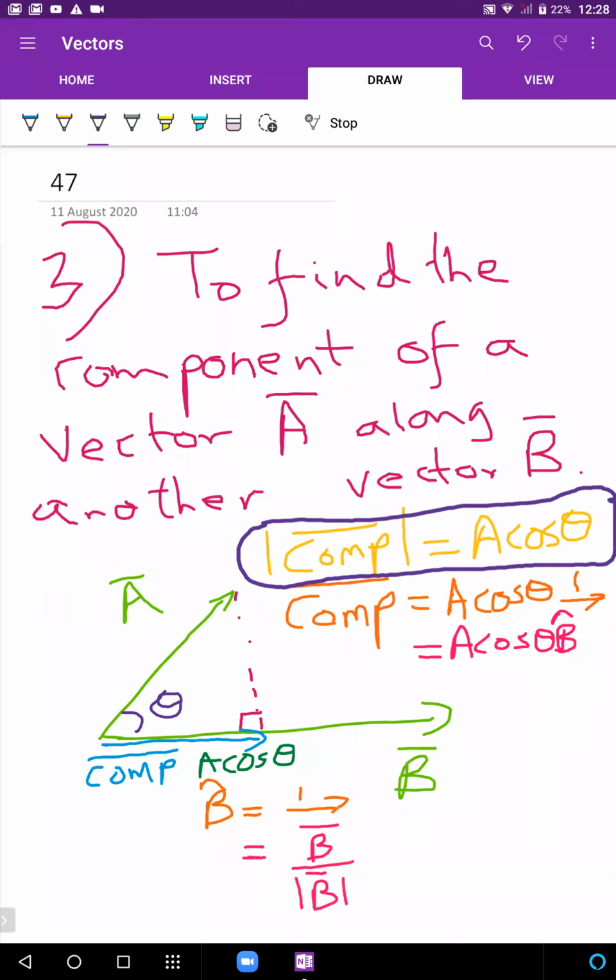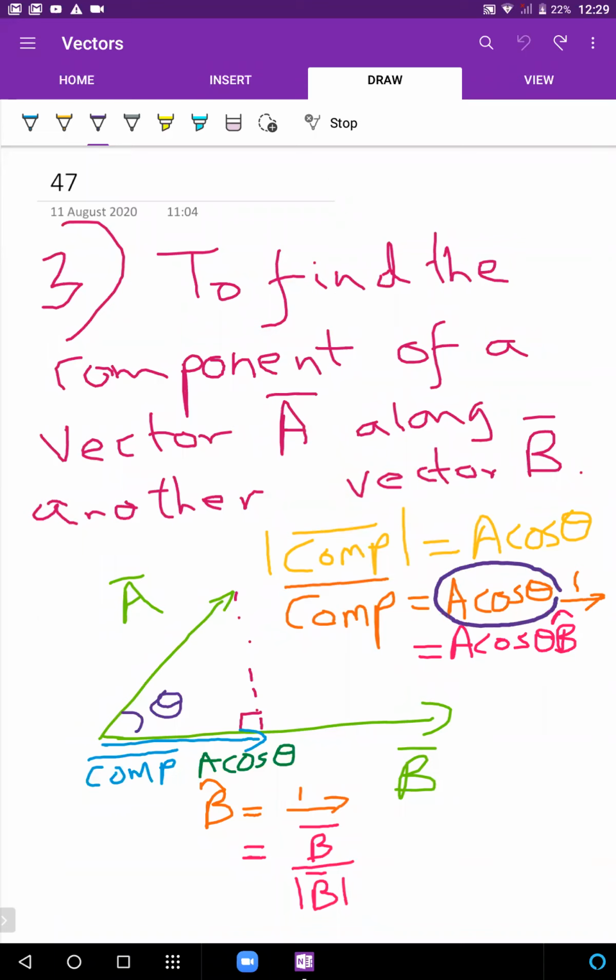If somebody asks me the full vector itself, then I'll have to give the magnitude and the direction. Like, if I have a vector of magnitude A cos theta along the x-axis, what do we call that vector? We say it's A cos theta I cap. If the same vector is along the y-axis, you say A cos theta j cap.